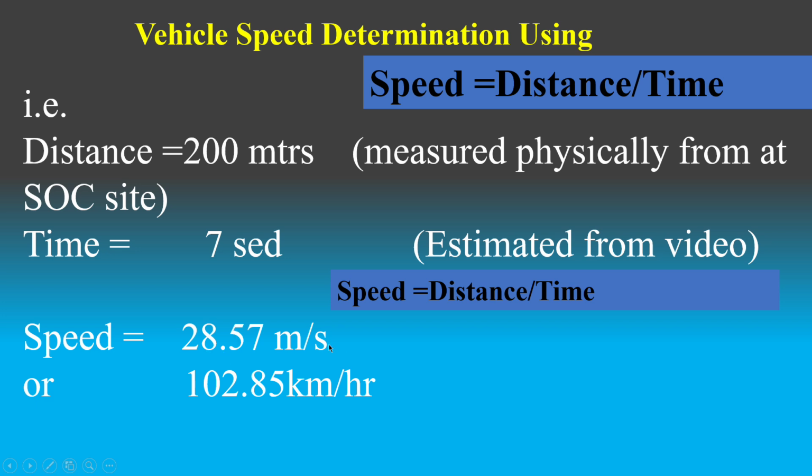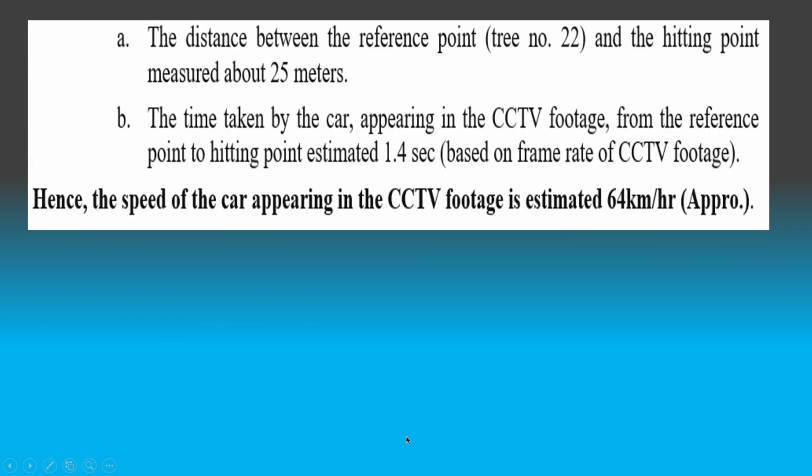This can be changed into kilometers per hour, because in general life we understand it better, it is more understandable in kilometers per hour. So in such a case this came to 102.85 kilometers per hour. This technique I have applied in many crime cases successfully.